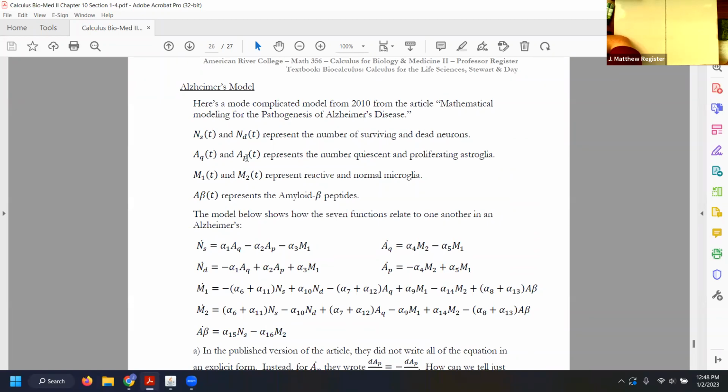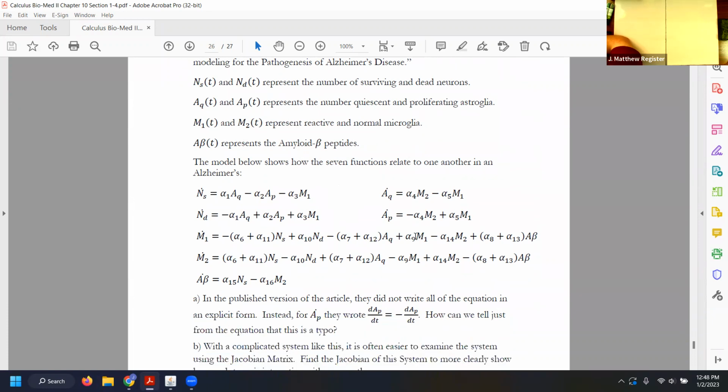A sub Q and A sub P are the quiescent and proliferating astroglia. M sub 1 and M sub 2 represent the reactive and normal microglia. And A beta represents the amyloid beta peptides. The model below shows how the 7 functions relate to one another in an Alzheimer's patient.